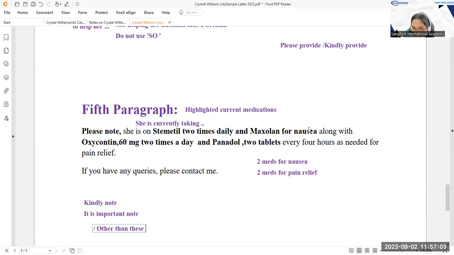I used "along with" here because I'm connecting two pairs. So see, 1 and 2 for nausea, then along with 3 and 4. When you're connecting two pairs, 3 and 4 for pain relief.